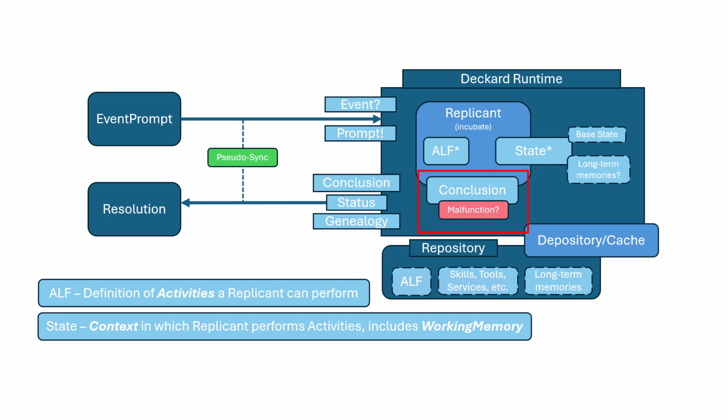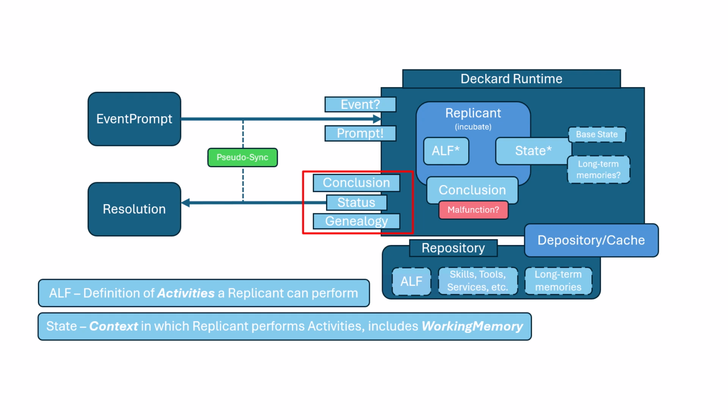And a malfunction just means something went wrong during the processing of that event prompt. Once the replicant actually goes through a conclusion, there is a thing called a resolution, which comes from the runtime, and that includes a conclusion, a status, and genealogy. We'll get into the details of that.